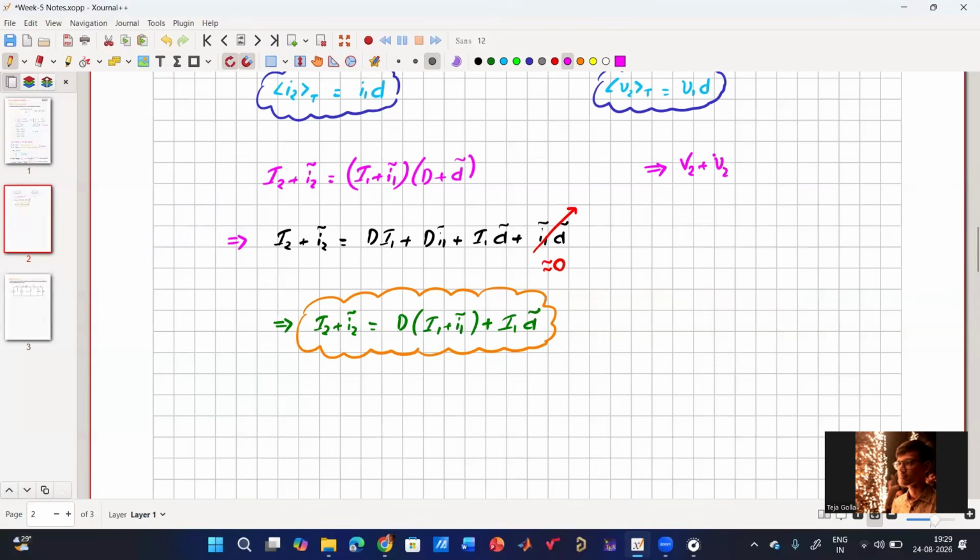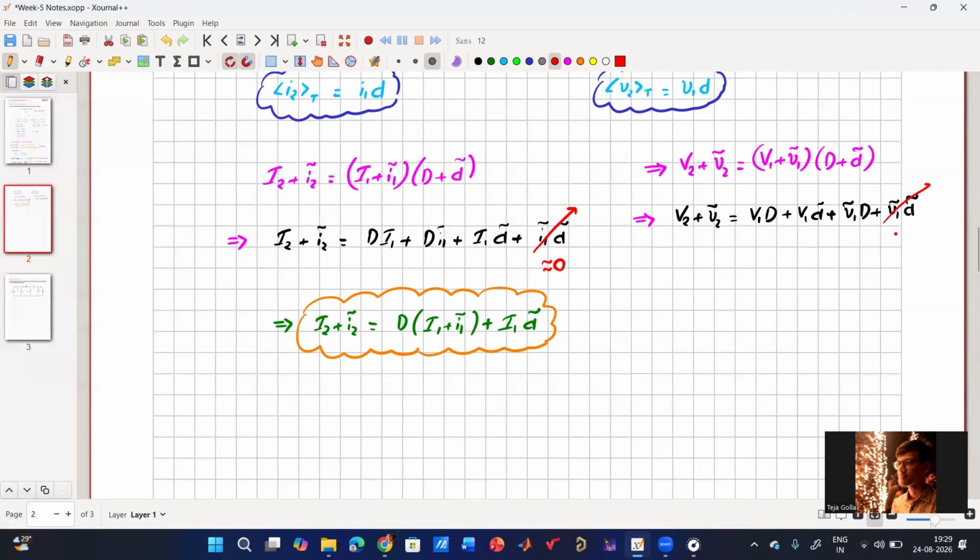V2 plus V2 tilde equals V1 plus V1 tilde into D plus D tilde. So V2 plus V2 tilde equals V1 into D plus V1 into D tilde plus V1 tilde into D plus V1 tilde D tilde.